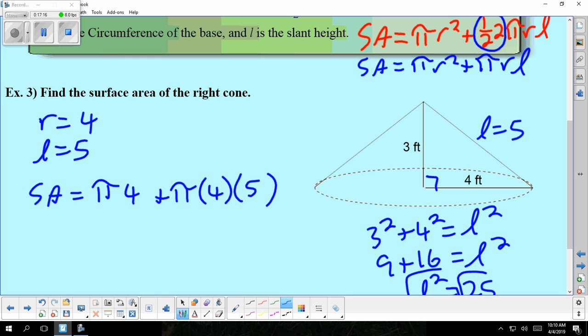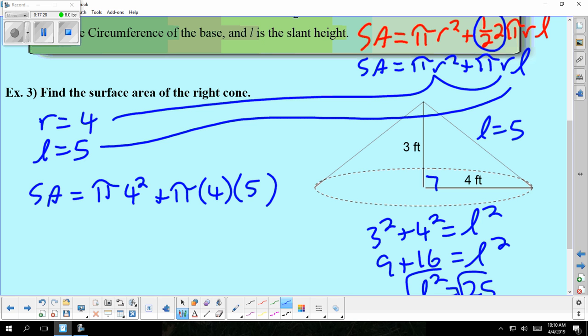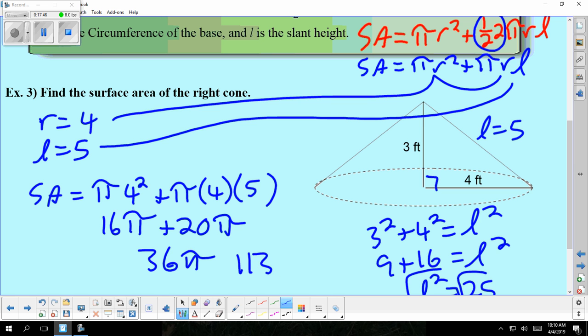So there's our radius. Plug that in there and there. And then our slant height is 5, and we can simplify this. So 16 pi plus 20 pi, we end up with 36 pi. And we're going to use the pi button in our calculator. Go ahead and estimate this. So 36 pi, I get 113.1 square feet of surface area.